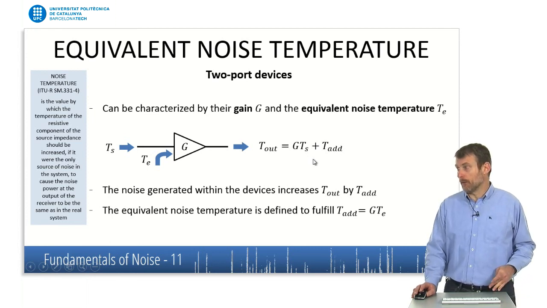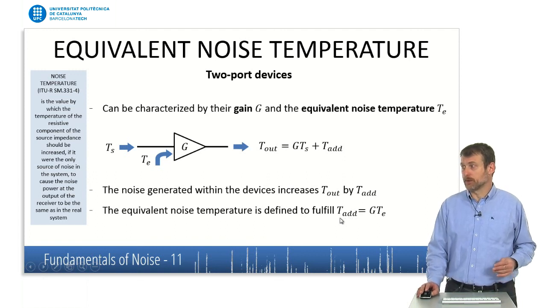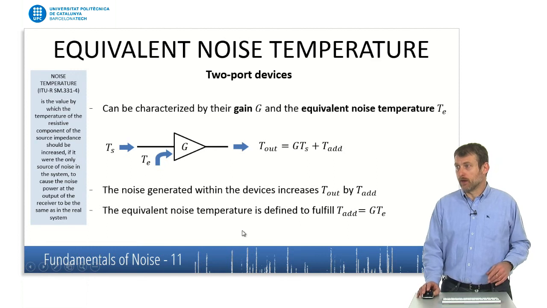So the definition of equivalent noise temperature makes this added temperature at the output equal to the gain of the device multiplied by the equivalent noise temperature.